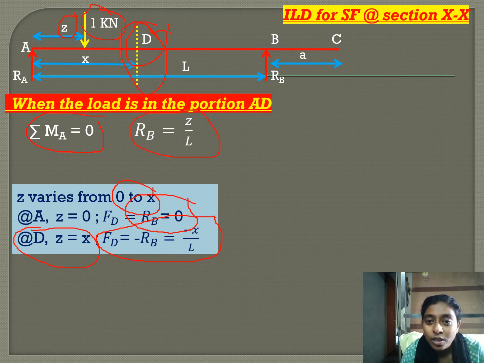Here, when the unit load is moving from A to D, the unit load is on the left of the section, so we will consider the forces to the right of the section. When the unit load is in the region DB and BC, the unit load is on the right of the section, so we will consider the summation of all the forces to the left of the section. And we know when we are considering a section, the forces on the left upwards and the forces on the right which are downwards are taken as positive.